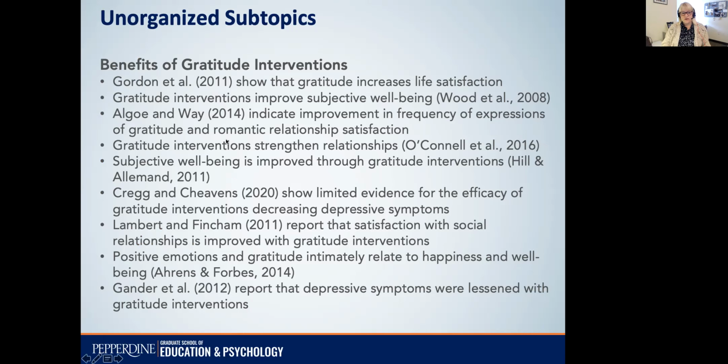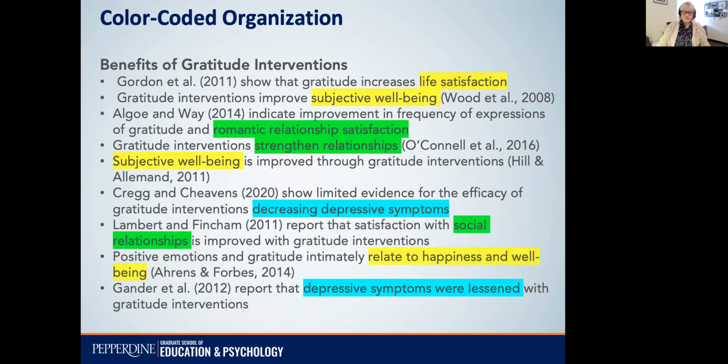This one would be frequency and expressions of gratitude. This is related to social relationships, strengthening. So if each one of these is a separate paragraph, you make it very hard on your reader. You're not doing the legwork you need as the writer to piece this together into big themes. You're just kind of reporting, oh, here's what this study said, this study, this study. That's not the way to write a literature review.